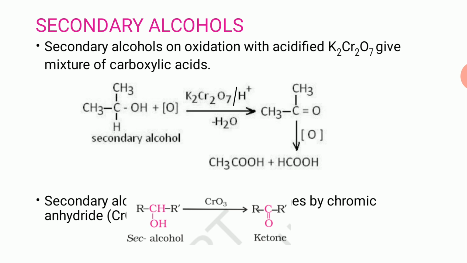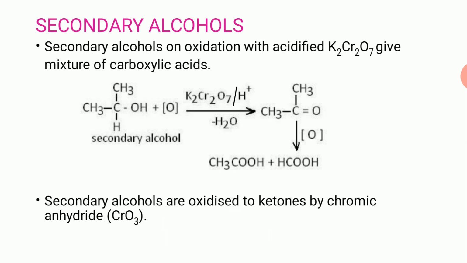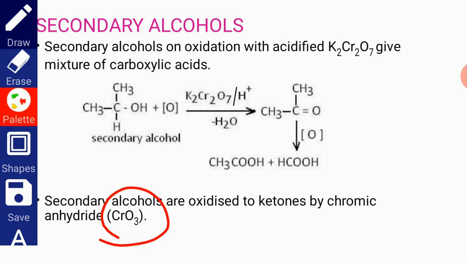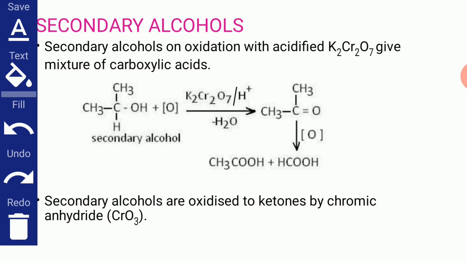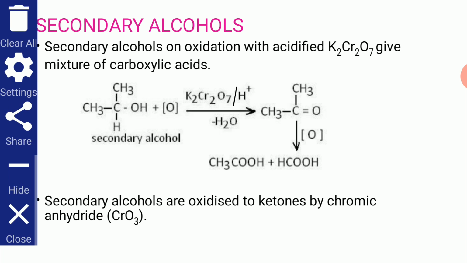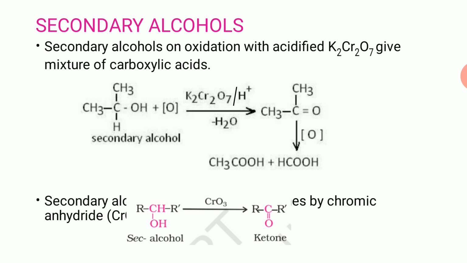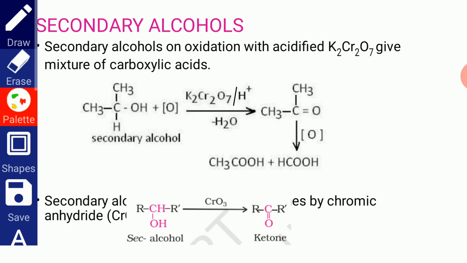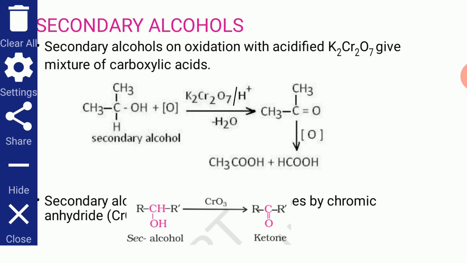Secondary alcohols when treated with a mild oxidizing agent like chromium trioxide will give ketone as the product, as given in the chemical reaction. Here the hydrogen of this carbon and the hydrogen of the hydroxyl group will get removed and they will yield the ketone.